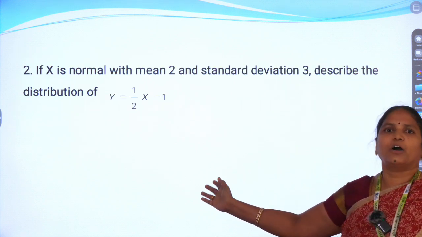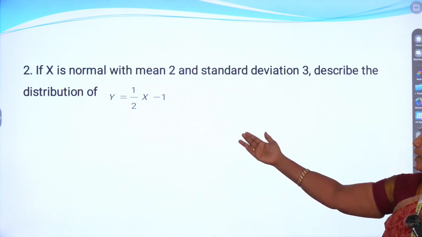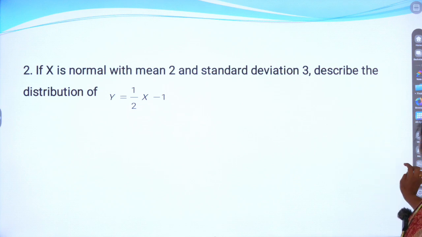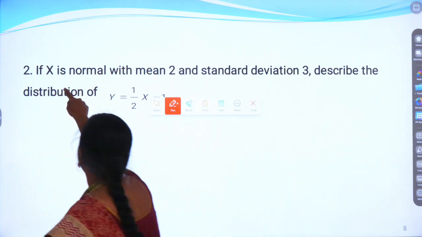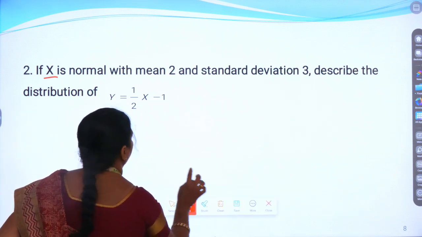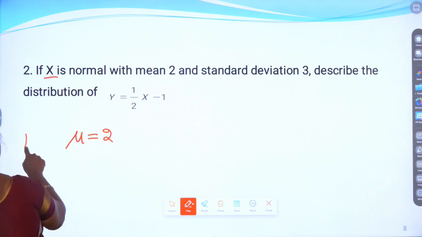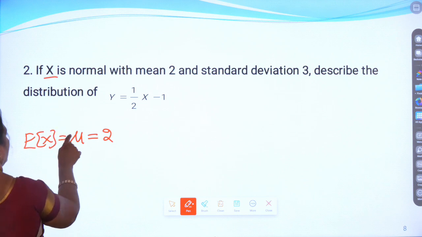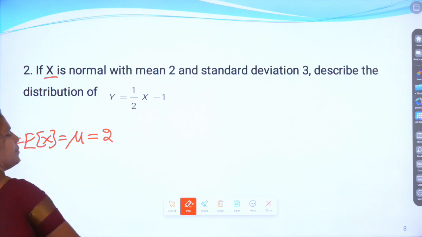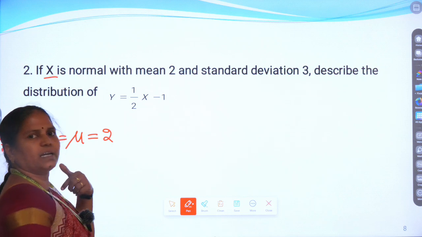In the second problem also we are going to define the distribution, but in this problem we have defined y, so that y is equal to 1 by 2 of x minus 1. In general, they have defined only the random variable X. We can take the mean as mu, what is the mean is 2, or we can write it as expectation of X. Mean we can denote as E of X, or X bar also, but in normal distribution we denote it as mu.